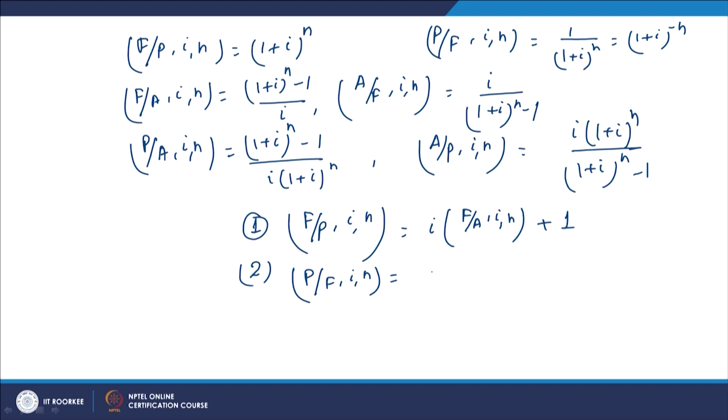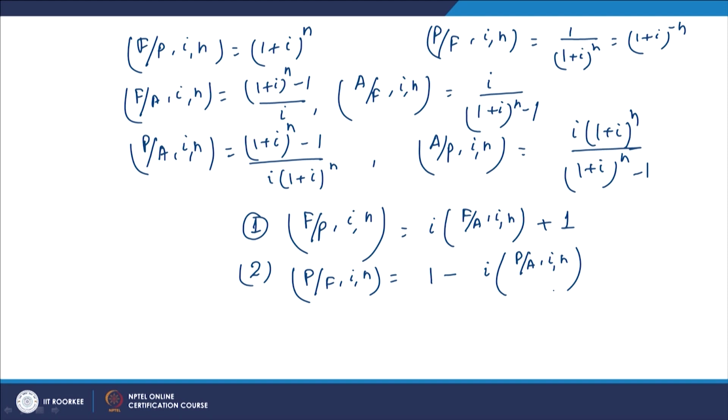So what you do is you are multiplying this P by A, i, n with i. When it is multiplied with i, this i will vanish.